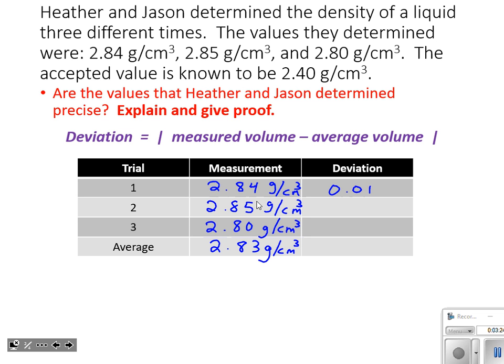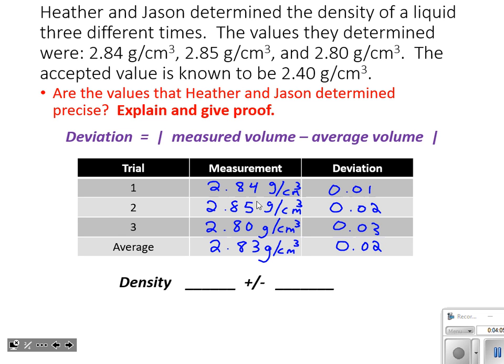Okay? 2.85 minus 2.83 is going to give me 0.02 for my deviation there. 2.80 minus 2.83 is going to give me a negative 0.03, but it says the absolute value. Okay? So I do that. When I add all those together, 0.06 is my value. And when I divide 0.06 by 3, I get an average deviation of 0.02.